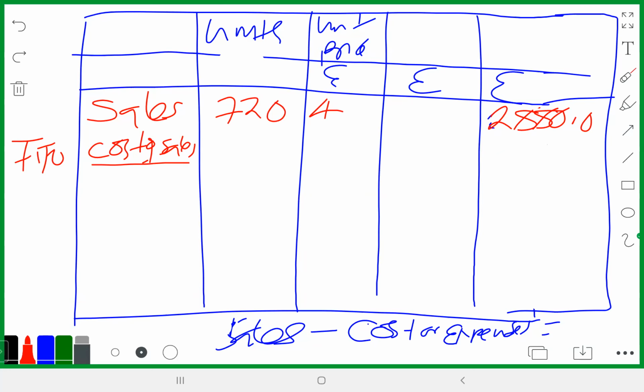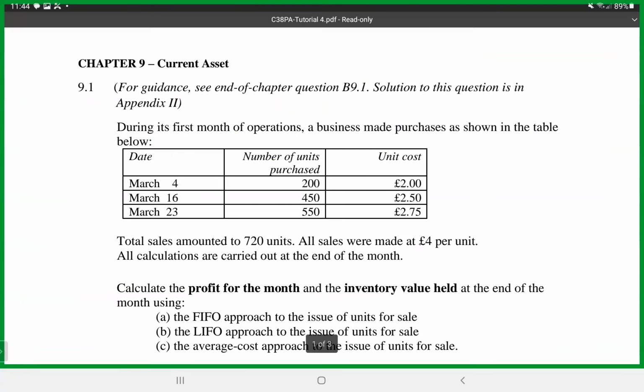We purchased 200 units. We're told that we purchased on 4th of March, 200 units. So when we were selling, first of all, we sold the first units that came, the first slot at 4 March.